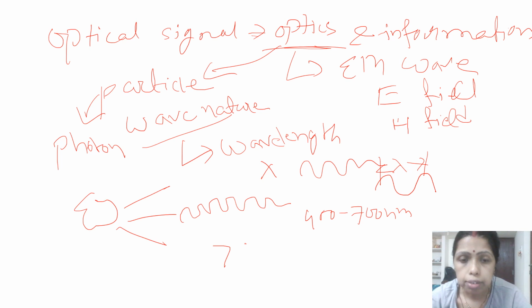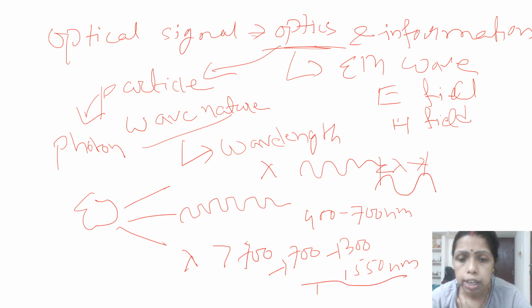Above 700 nanometer, up to 1300 and 1550 nanometer, these wavelengths are used for near infrared or infrared, NIR or IR signals. These are normally used for long range communication.